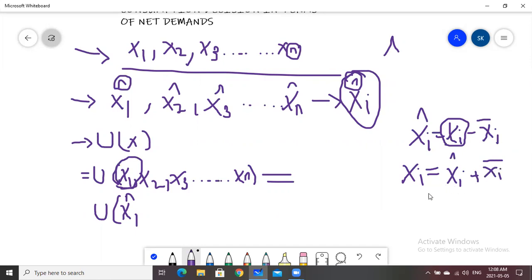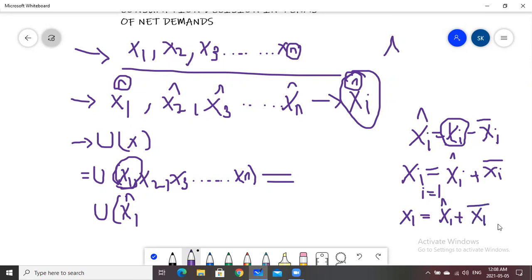Clear? If we take i equal to 1, then x1 is equal to x1 hat plus x1 bar.